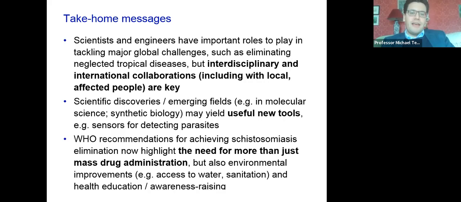And also, going back to schistosomiasis, as I said, the WHO now recommends that it's not good enough, or it's not likely to lead to elimination of this disease if you're just applying mass drug administration to large populations. It's fantastic that the drugs are available in such large supply and that they're donated, but it's not really a sustainable solution in the long term.